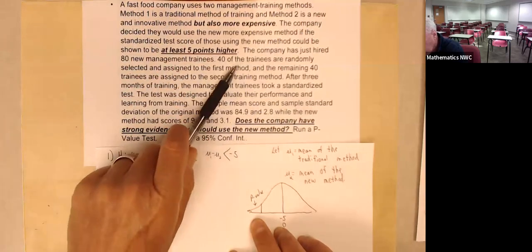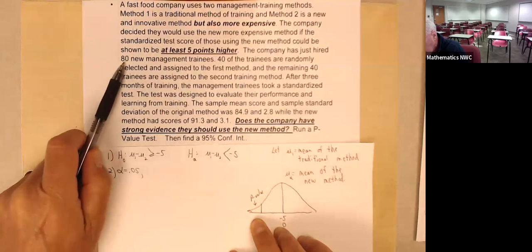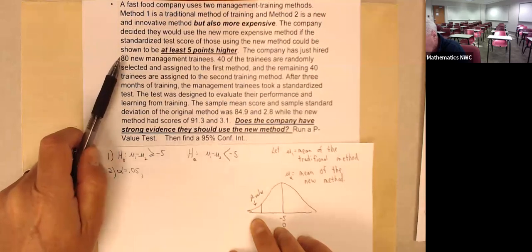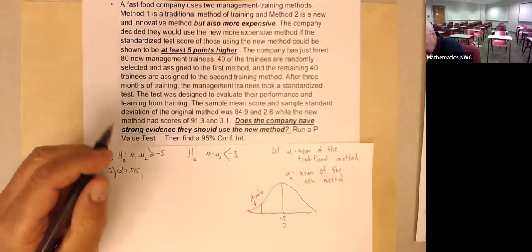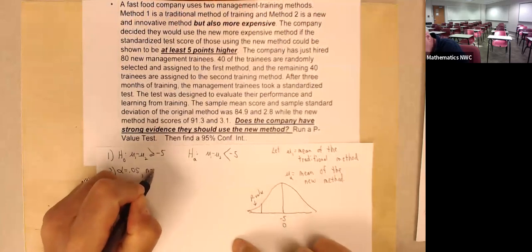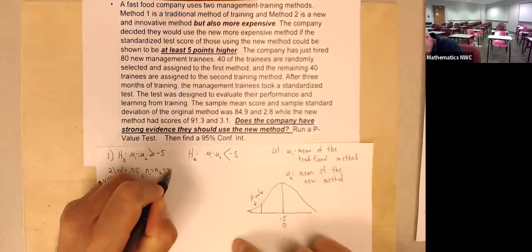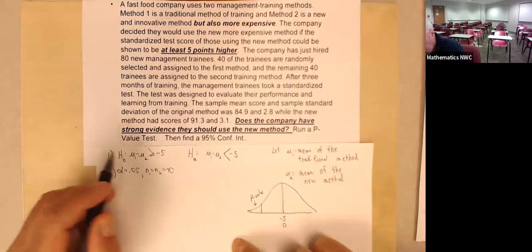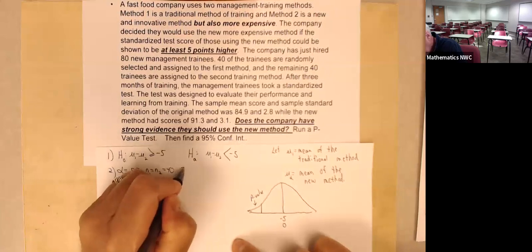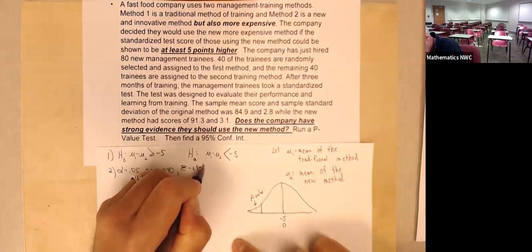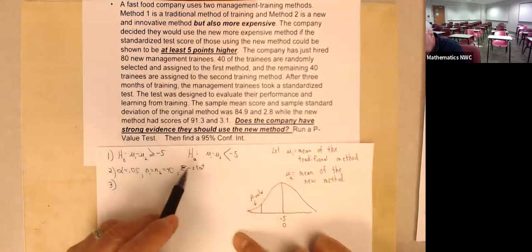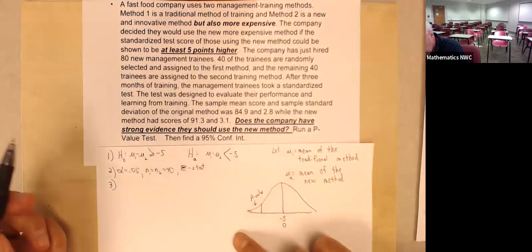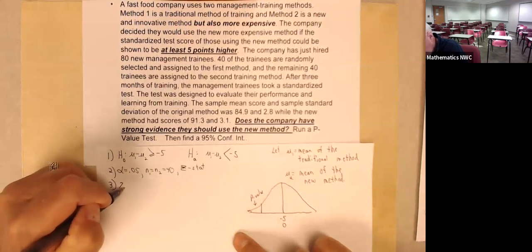I had a sample of 80 in this one, and we put 40 in each group. So each sample size was 40. Because of that, both are bigger than 30. I can use a z-stat. I am looking for a p-value test, so I do not need a rejection region. I'm going to calculate my z.